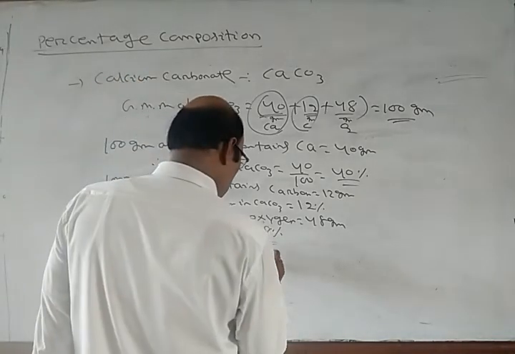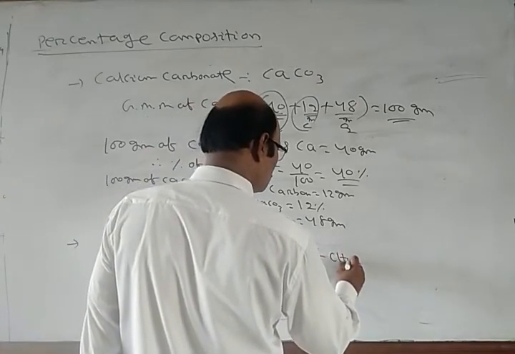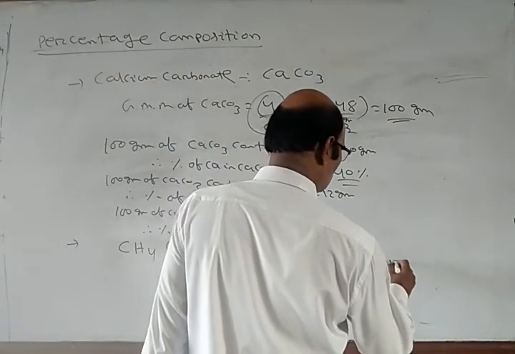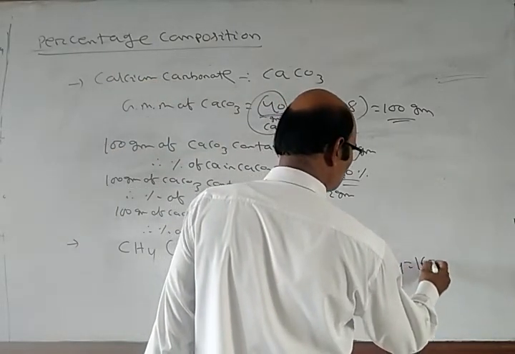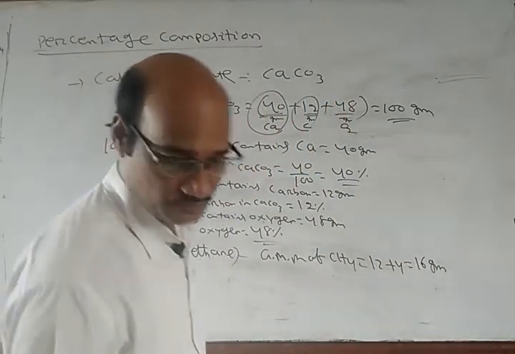Now see, gram molecular mass of methane equal how much? 12 plus 4 equal 16 gram. Okay.